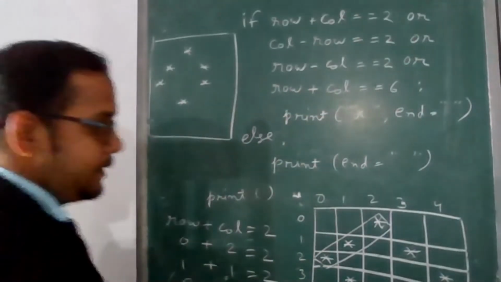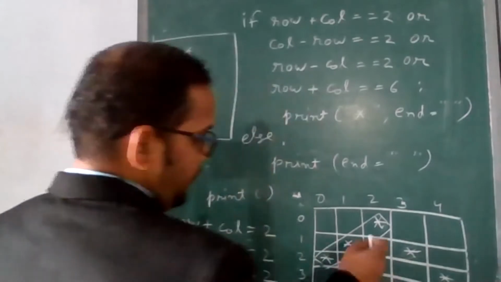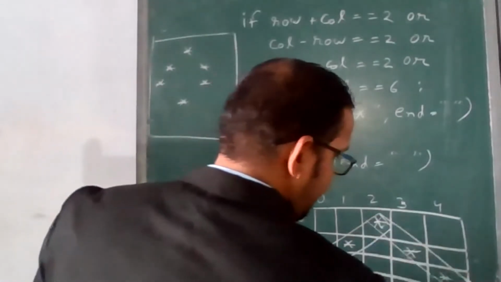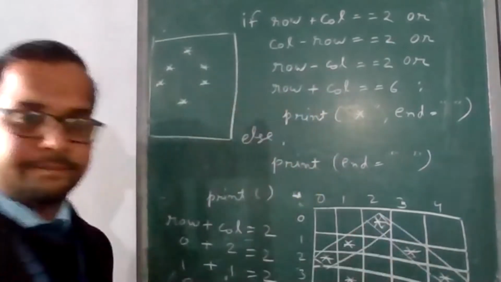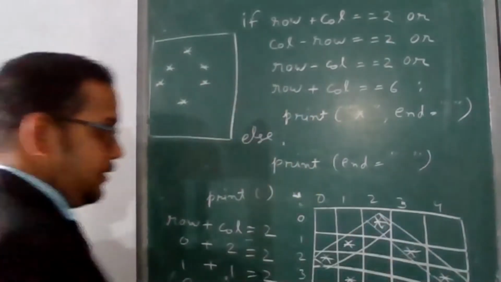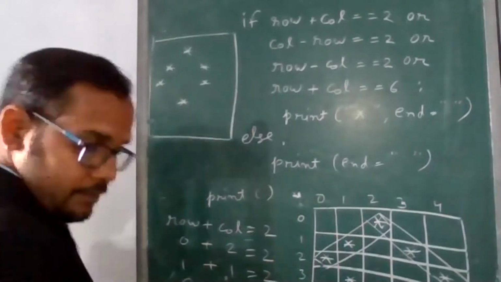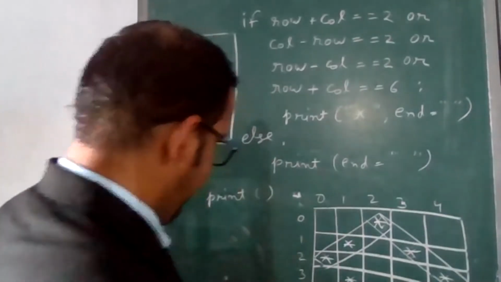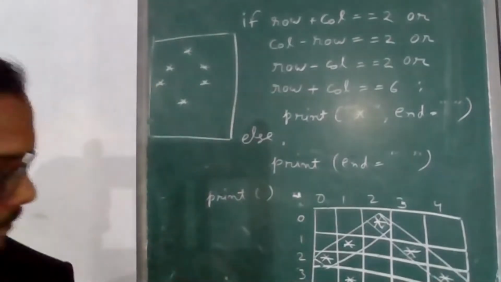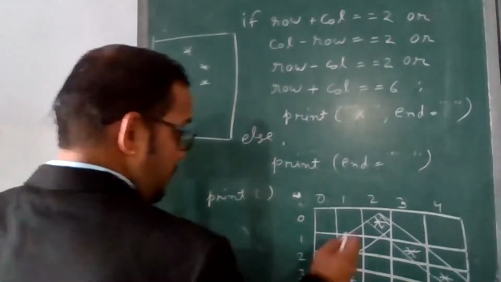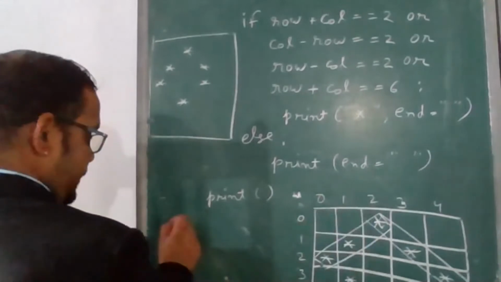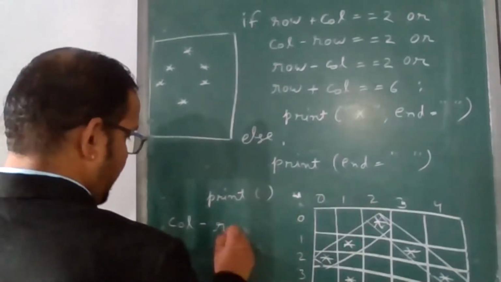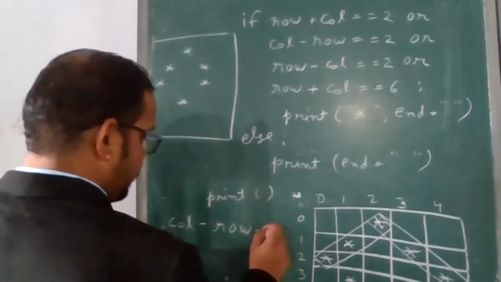Now for the next one, suppose I want to print these stars on this side. This time, look, the value of col minus the value of row equals 2.